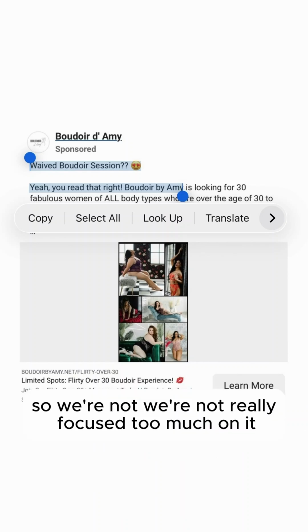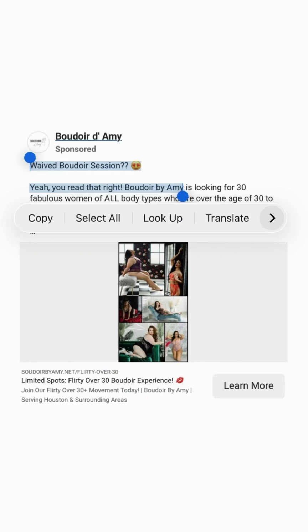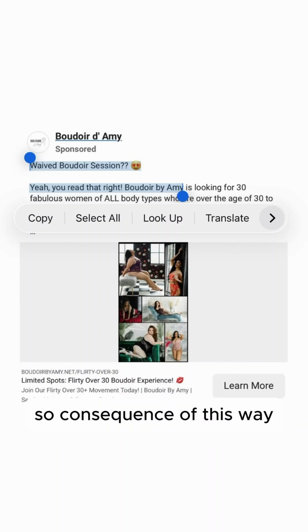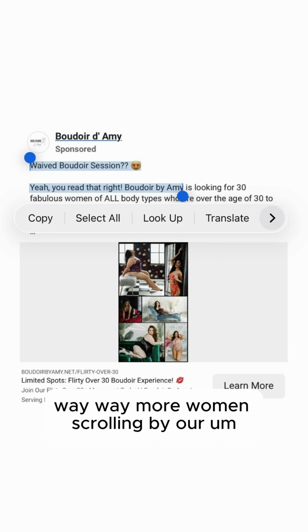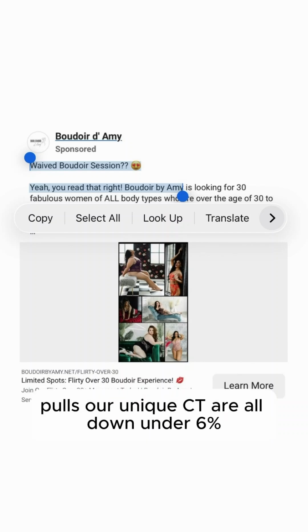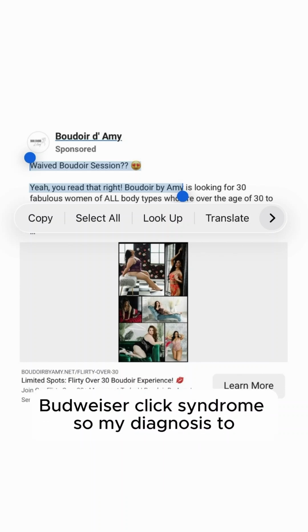So we're not focused too much on it, and we're lacking context of who we actually need to bring in. So the consequence of this is way more women scrolling by our Boudoir Facebook ad than necessary, and as a result it pulls our unique CTR all down under 6% and contributes to BLCS, Boudoir low click syndrome.